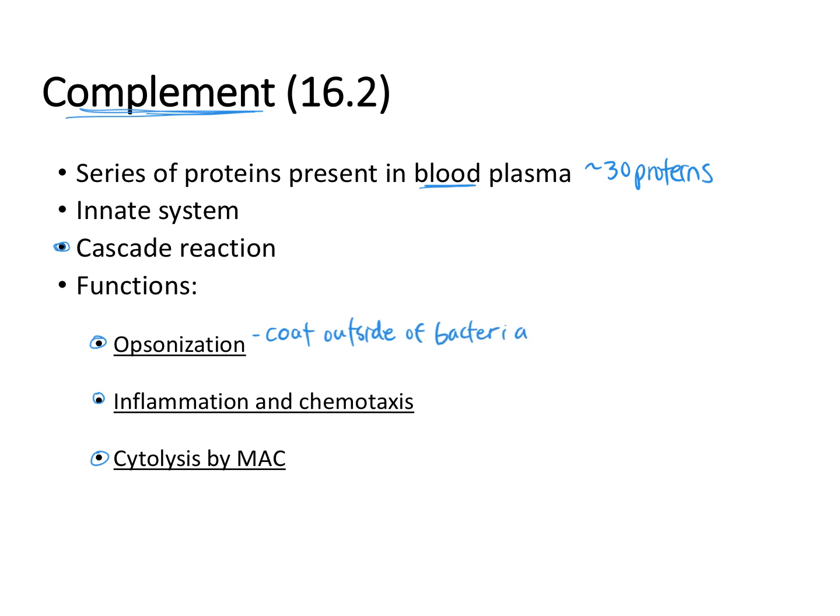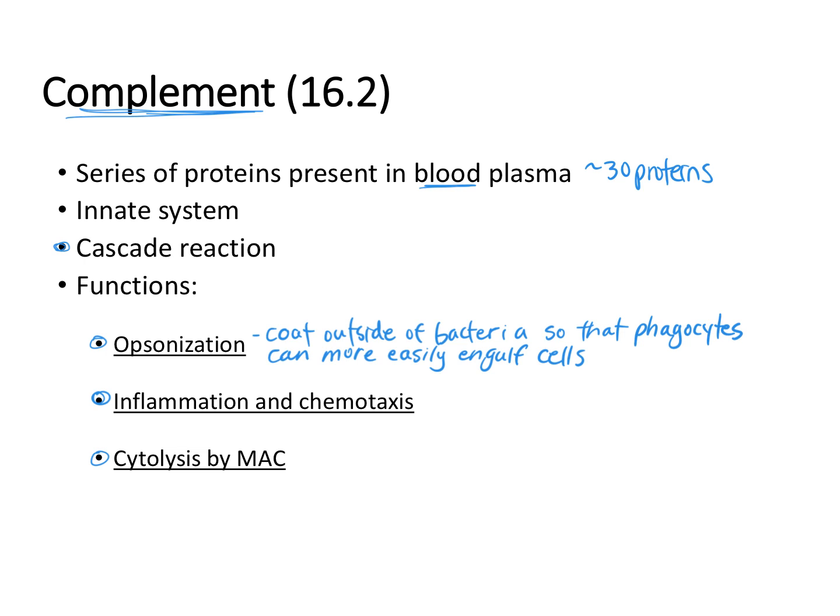Coat the outside of bacteria so that phagocytes can more easily engulf cells. Okay, so another important opsonin, as we'll see in a little while, are antibodies. But these complement proteins, some of them will bind to the outside of bacterial cells and make phagocytosis more likely to happen.